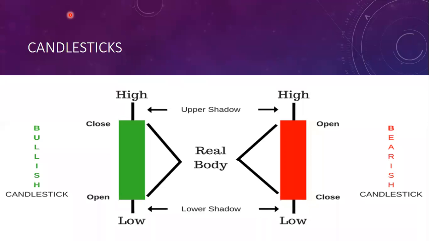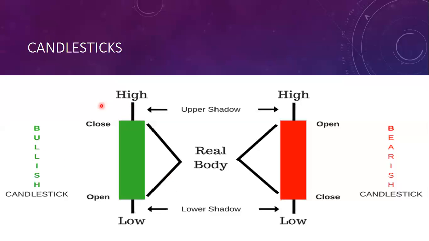Today, one more time quickly, the session is about candlesticks. We really take the life of the candle: when the candle opens, closes, reaches the highest price, reaches the lowest price, making a lower shadow and upper shadow.